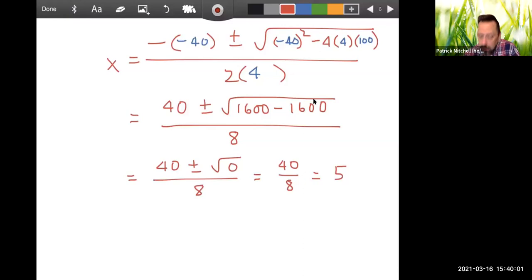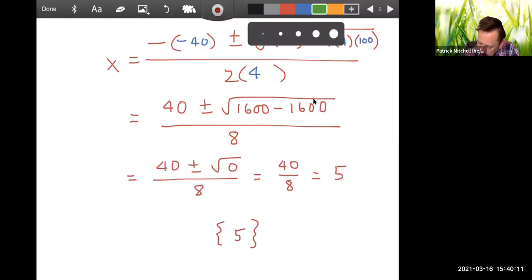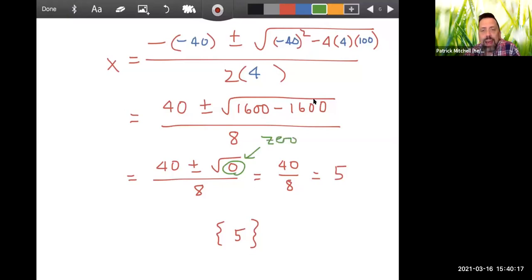So this quadratic equation has one solution, which is 5. And one last time, notice that the number under the radical is 0, which is neither positive nor negative. And the solution set contains one real solution.